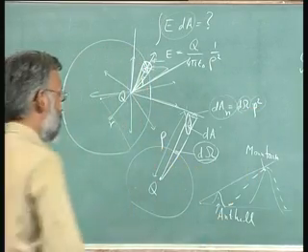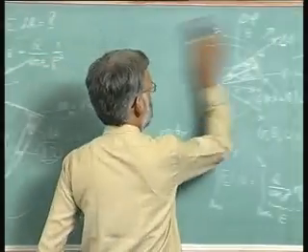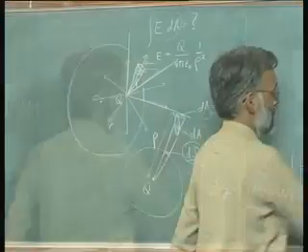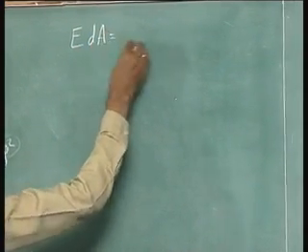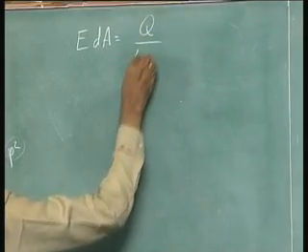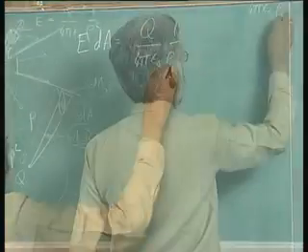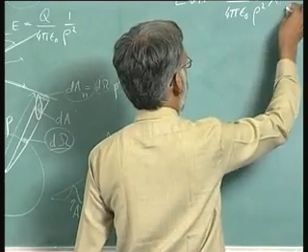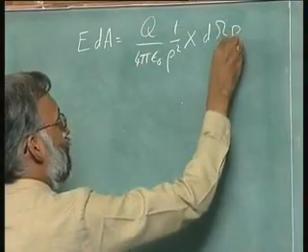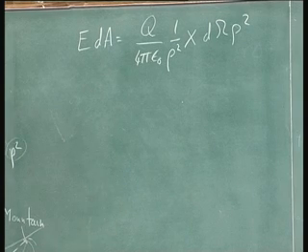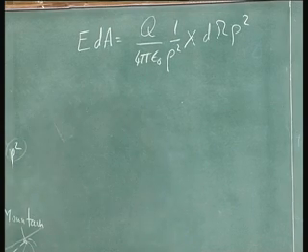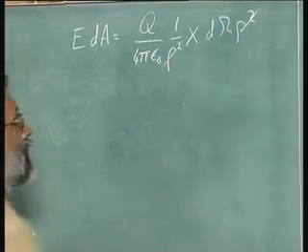So, when I work out my contribution to the flux, I say EdA is equal to q over 4 pi epsilon naught 1 over rho squared multiplied by d omega rho squared. Again the rho squareds cancel, very strange.